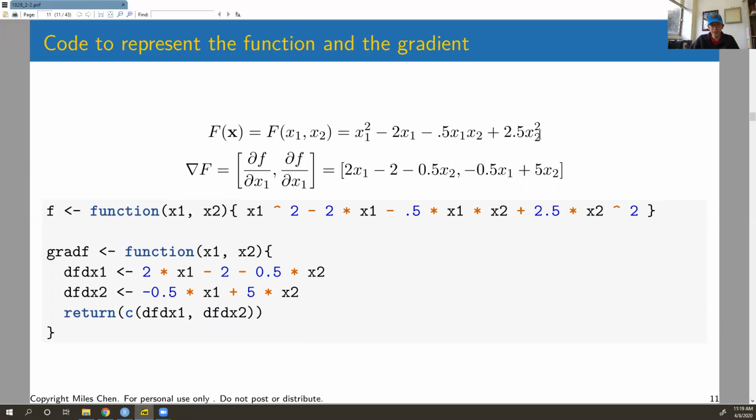Here's my function: x1 squared minus 2 times x1 minus 0.5 times x1 times x2 plus 2.5 times x2 squared.